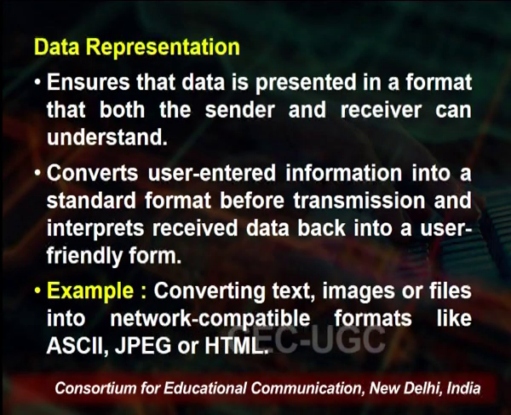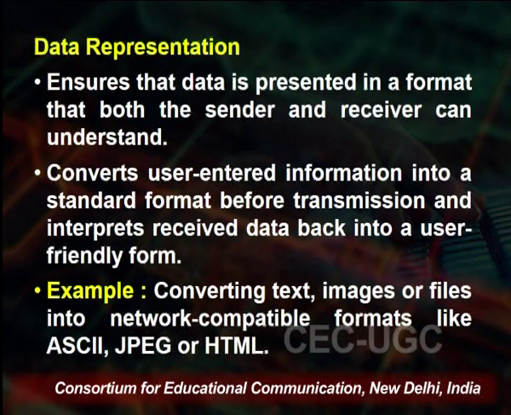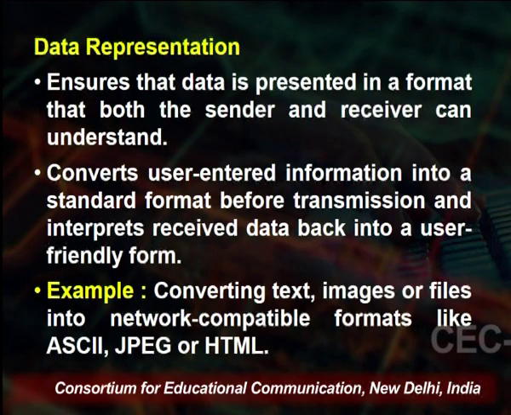It converts user-entered information into a standard format before transmitting it to the lower levels, and interprets the received data back into a user-friendly form at the receiving end. A simple example is the conversion of text, images or files into a network-compatible format, such as ASCII, JPEG or HTML.